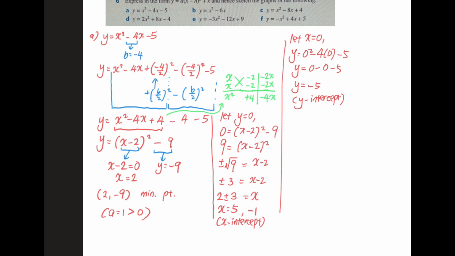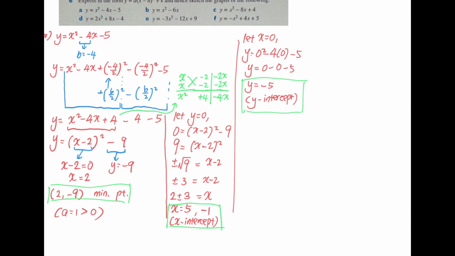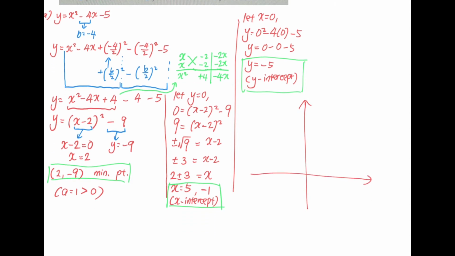So let me circle up the information first. This is the minimum point, and these are the x-intercepts, and this is the y-intercept. Now we have to sketch the graph. I start from the minimum point, which is (2, minus 9).